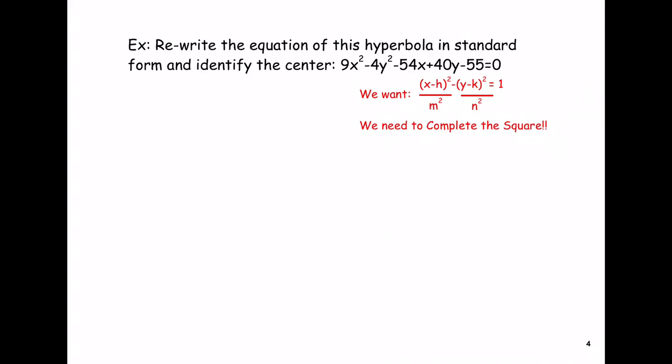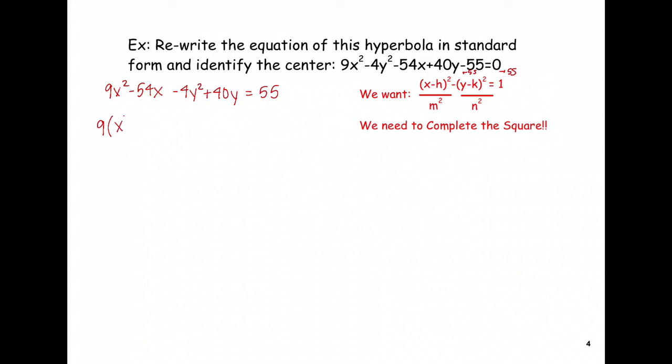The next example says rewrite the equation of the hyperbola in standard form and identify the center. So we have 9x squared minus 54x minus 4y squared plus 40y equals positive 55. When I move this using inverse operations to the other side, we want to factor out a 9.